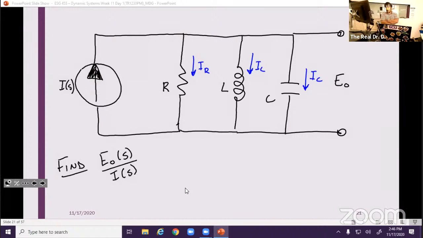Perfect. So if we have that, and we understand that these are all going to have the same voltage drop, because they're all in parallel and they're all referencing the same ground, we can use our parallel rule and smush these all together like an accordion.